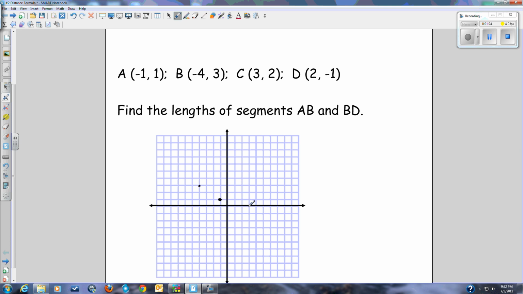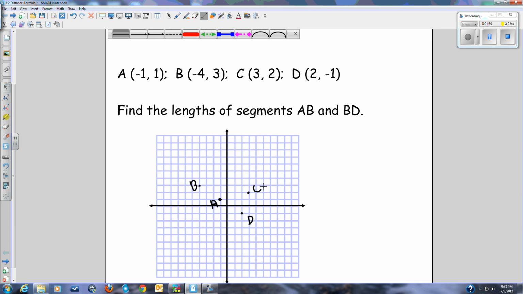C is the point 3, 2. And D is the point 2, negative 1. So we have, here was point A, point B, point C, and point D. So we would like to find the distance between all of these points.